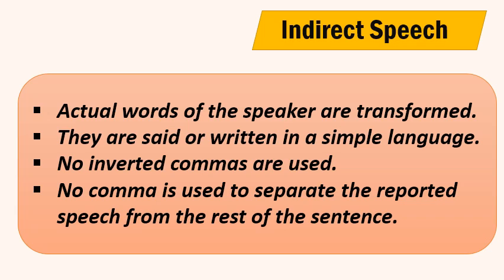Or in a simple way, we can say that the actual words of the speaker have not been reported, but only the substance of his words has been given. This way of representing or reporting is called indirect speech or indirect narration.